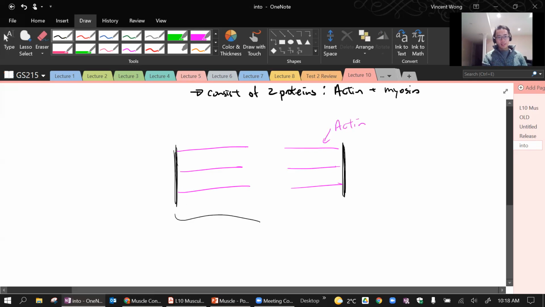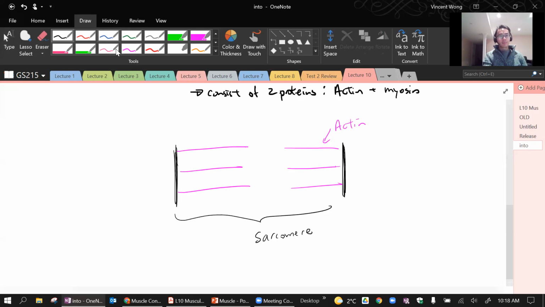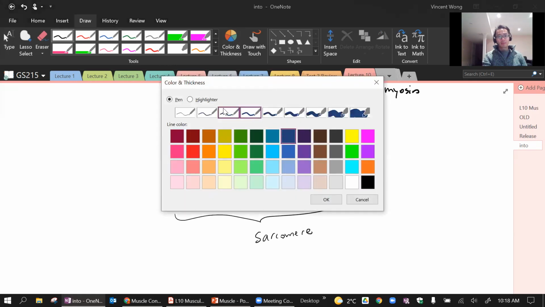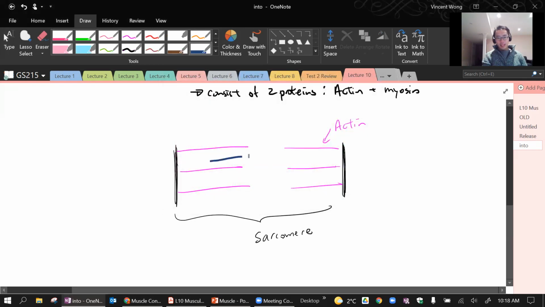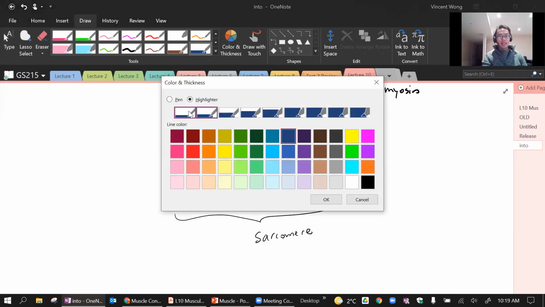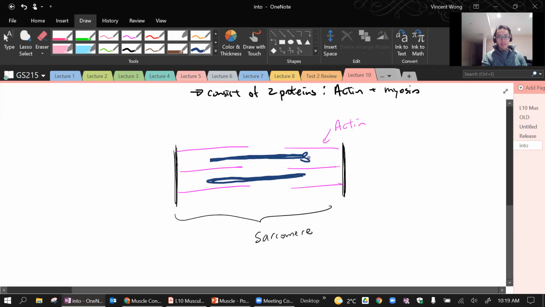This here is a sarcomere. And then you will have the myosin, which is the thick one. So I'm going to choose a thick one here. That's the myosin. At the end of the myosin, you're going to have some heads.